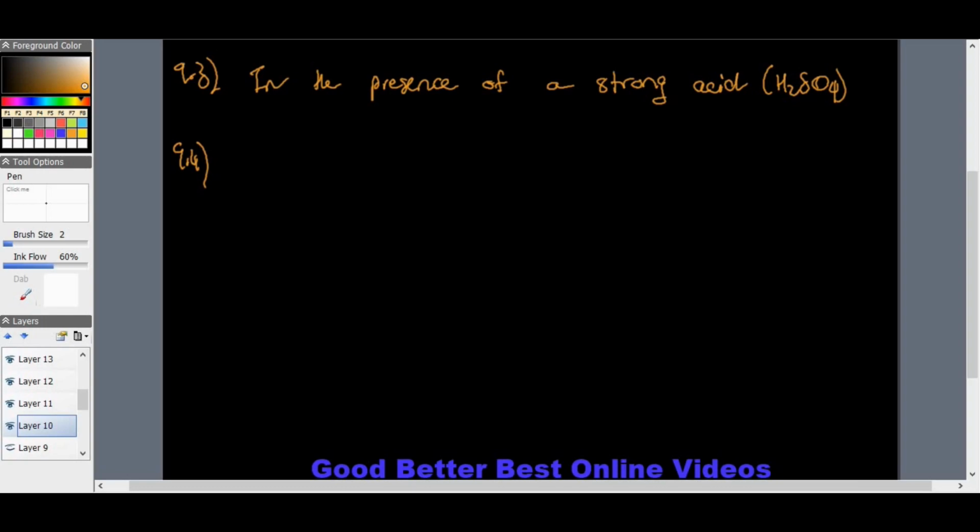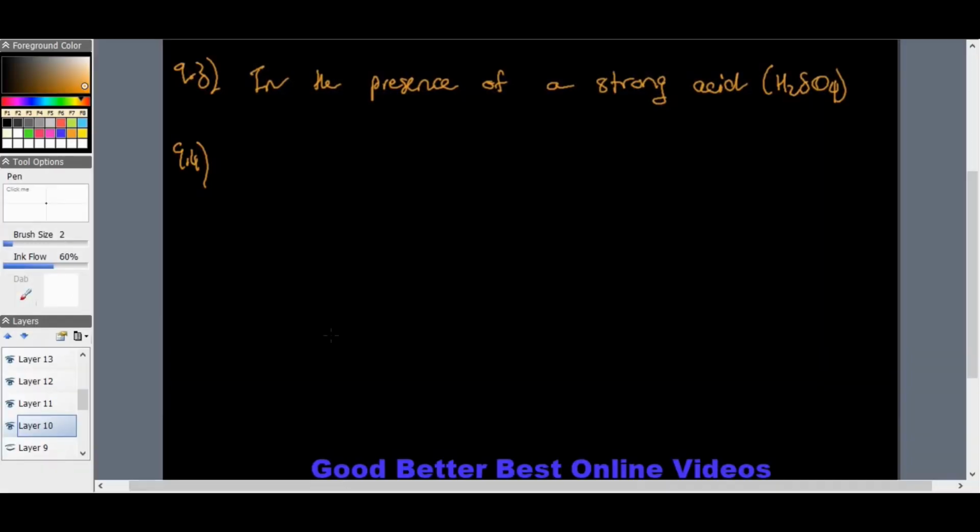9.4. List the conditions needed for reaction 3, which is hydration. Do we remember this? The reaction conditions needed for hydration. Anybody know one?